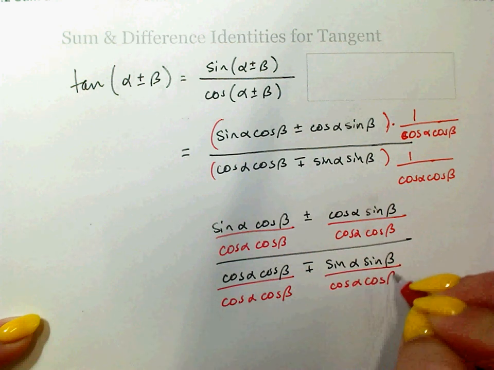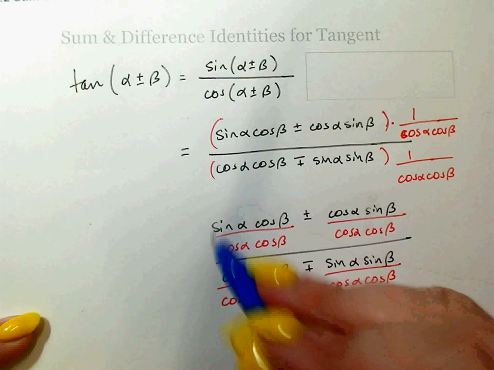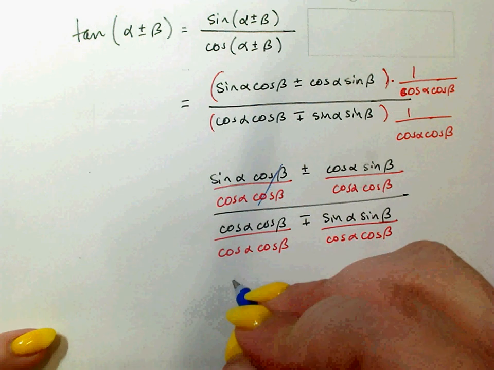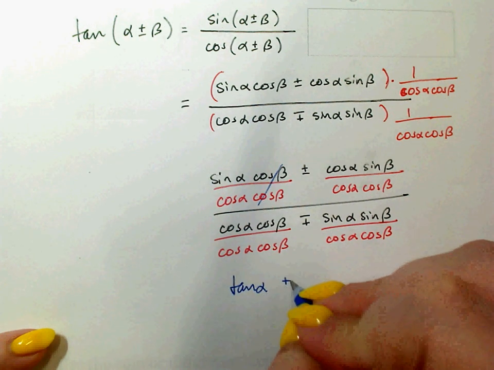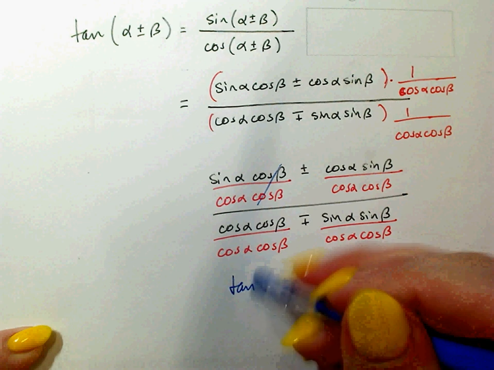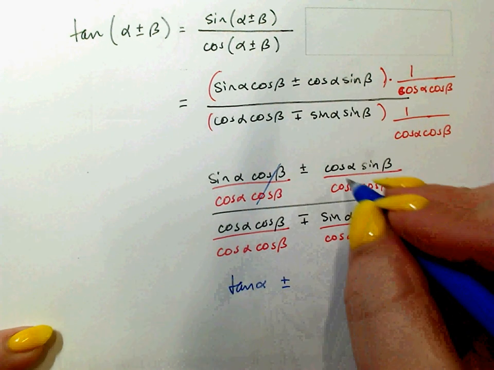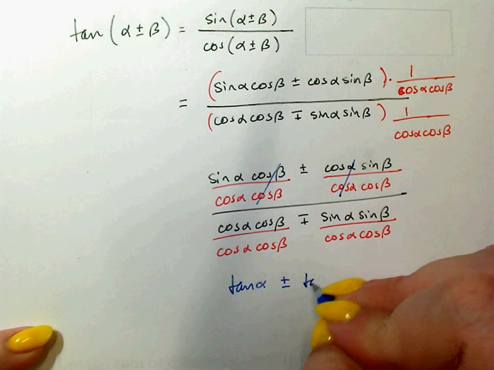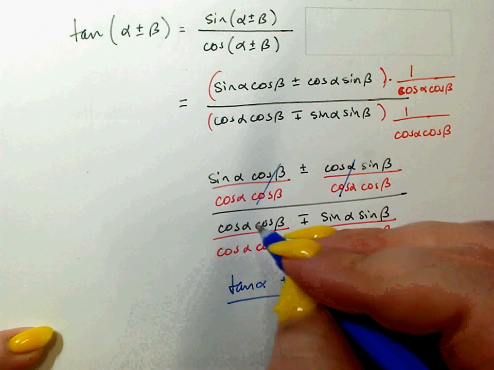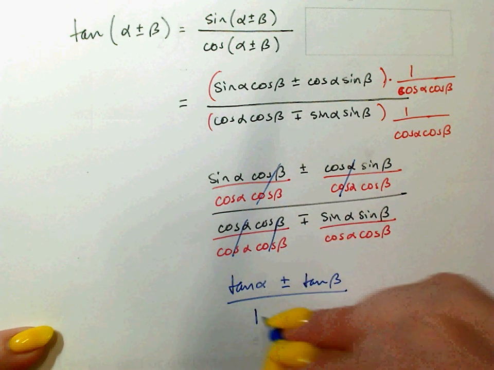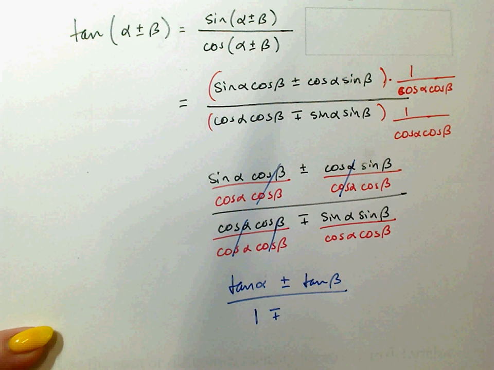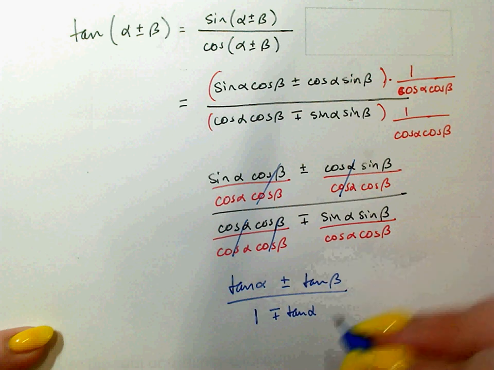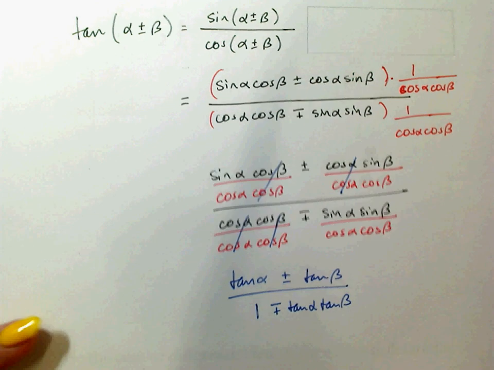In the first one, the cosine beta simplifies away, and I'm left with sine alpha over cosine alpha, which is tangent of alpha, plus and minus. Cosine alpha goes away, sine beta divided by cosine beta is tan beta. All divided by, something divided by itself is 1, so minus plus. And then sine alpha over cosine alpha is tan alpha, and sine beta over cosine beta is tan beta. So that is the formula for tangent of alpha plus and minus beta.